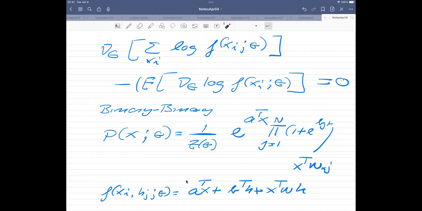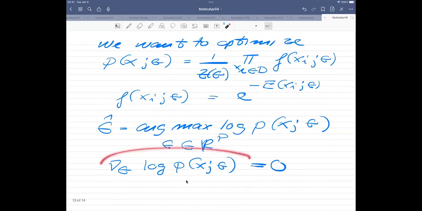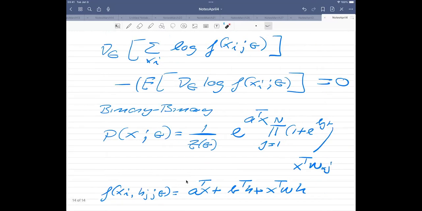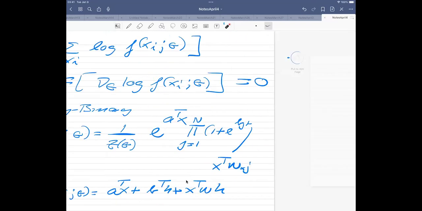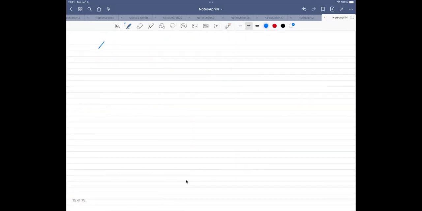Now, we are not going to optimize the probability distribution, but we are going to optimize the energy. So in our case, what we will be optimizing is actually the energy. So we are going to minimize the energy, and this is the quantity which we need to set up.